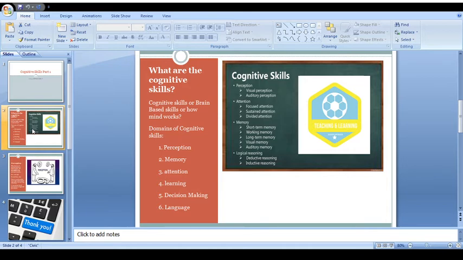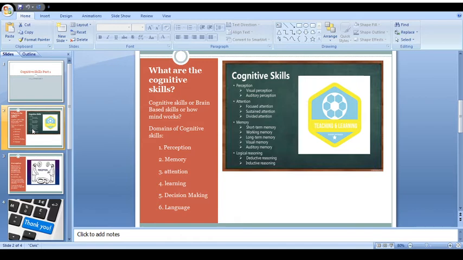Now, if you are the teacher, you have different levels of students in your classroom. If you are the principal, you have different levels of students in your school. Some students are low, some are average, some are high learners.